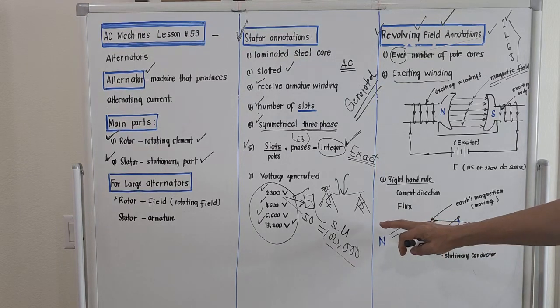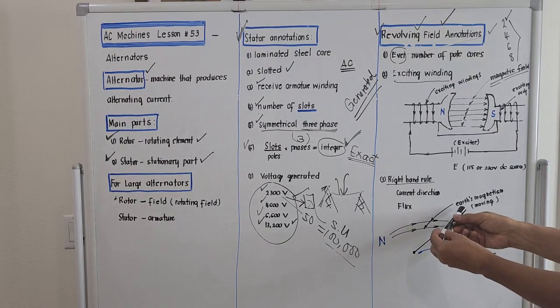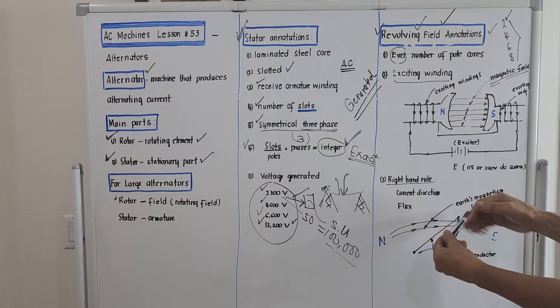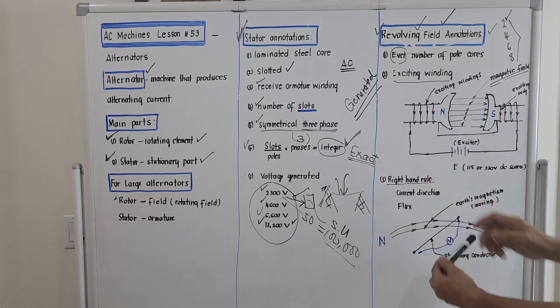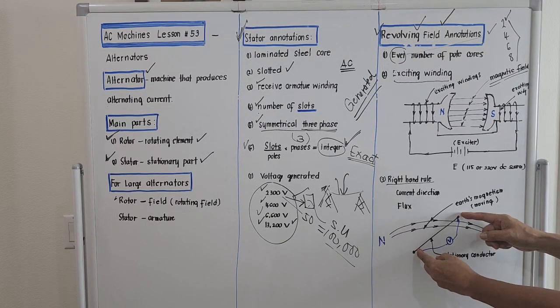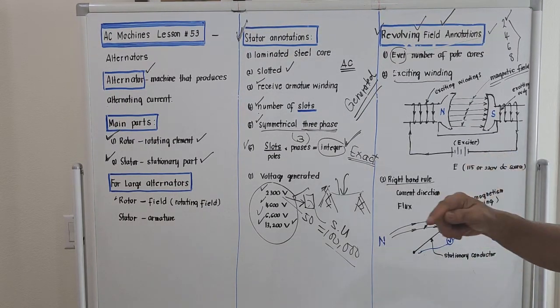It emanates from the north and goes to the south. If you place a stationary conductor, whether we like it or not, the flux is moving and cuts this conductor, so there is an interaction. If we place a voltmeter across this stationary conductor, there should be a generated voltage, and that generated voltage is alternating current in nature.